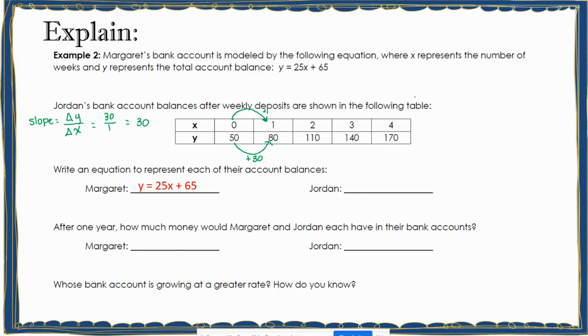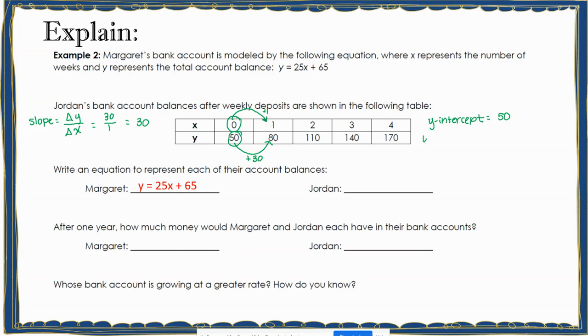We also want to find Jordan's y-intercept. Well, remember that the y-intercept is where x is equal to 0. Well, I can see that x has a value of 0 right here. When x is 0, y is 50. So that means that the y-intercept is 50. I'm going to take the slope and the y-intercept to write an equation for Jordan.